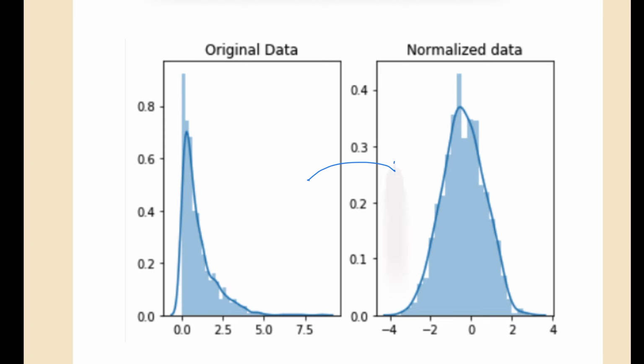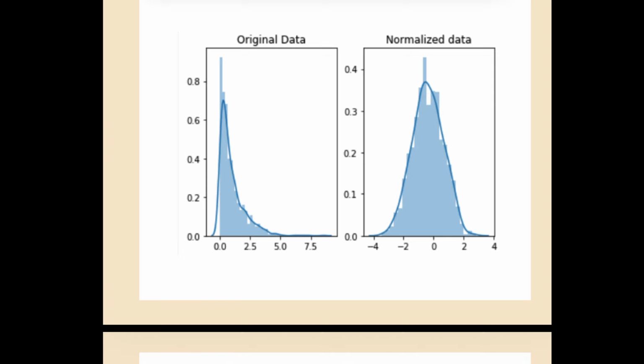When we do standardization, the original data converts to a normalized data, and the graph from this converts to this normalized form. Now I will discuss how you will do the normalization.